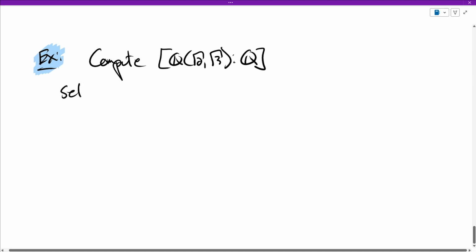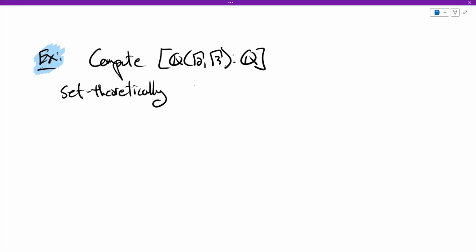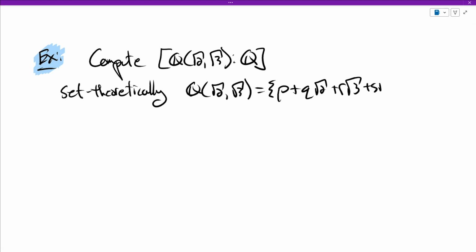Set theoretically, we've shown, if not this extension, a very similar field where you adjoin two roots, can be described as the collection of all Q linear combinations of 1, root 2, root 3, root 6.